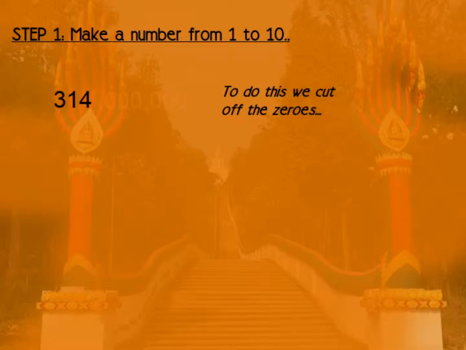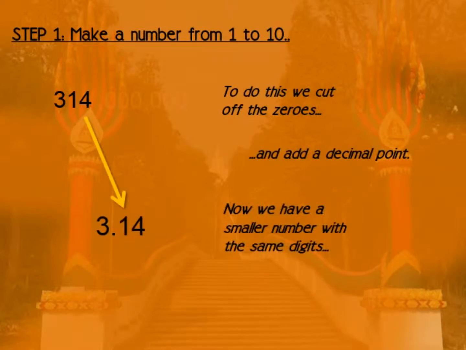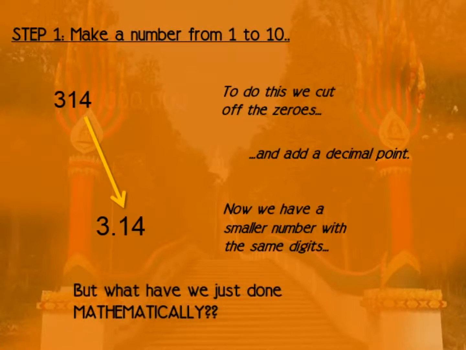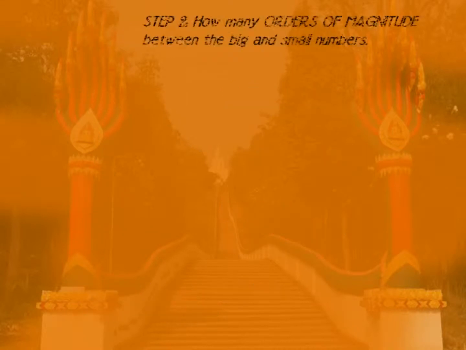But that is not small enough. We need to add a decimal point to make it a number from 1 to 10. We have a small number with the same digits as our original big number. But what have we just done mathematically? Well, what we've done is change the orders of magnitude.